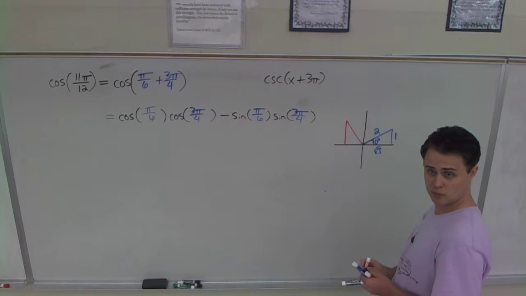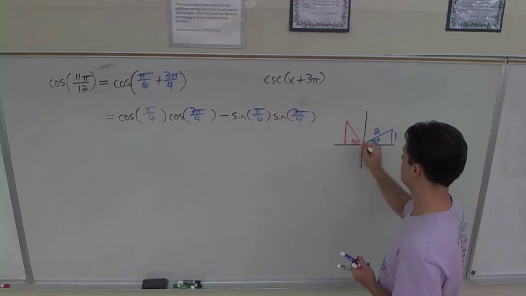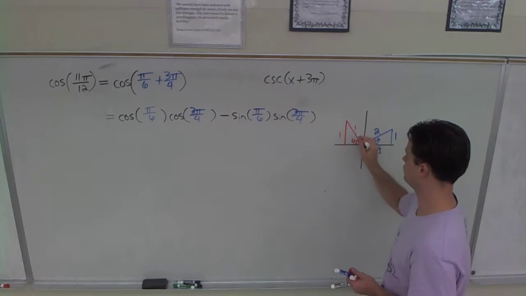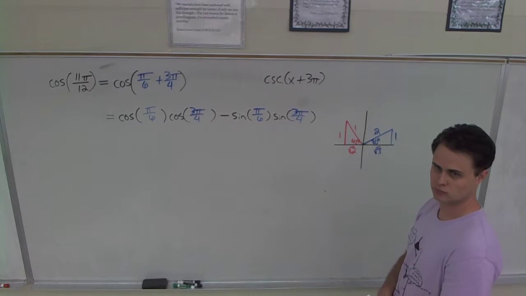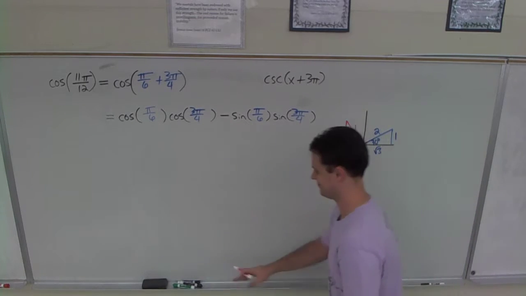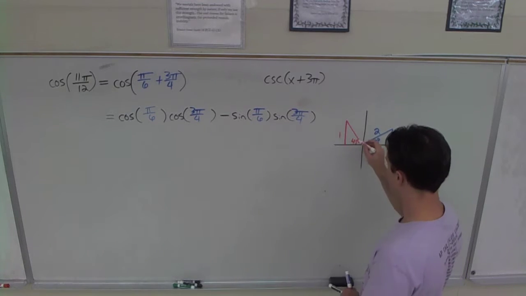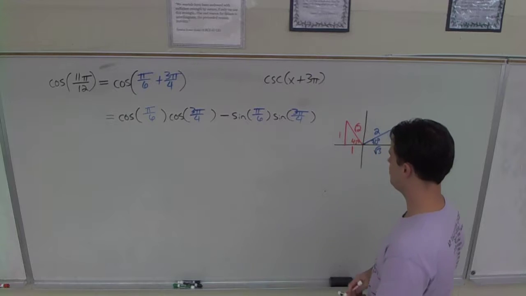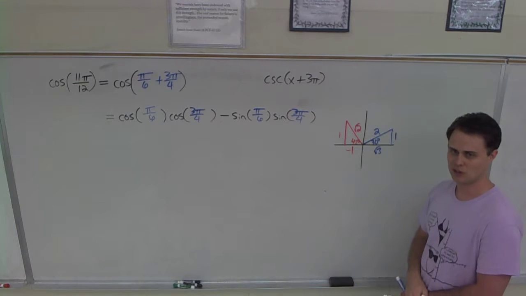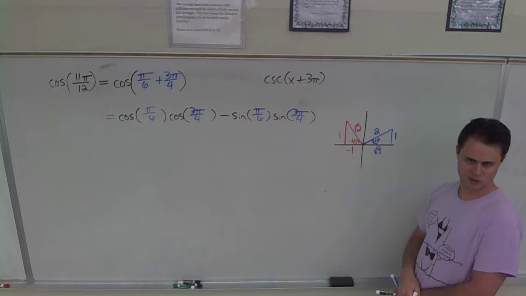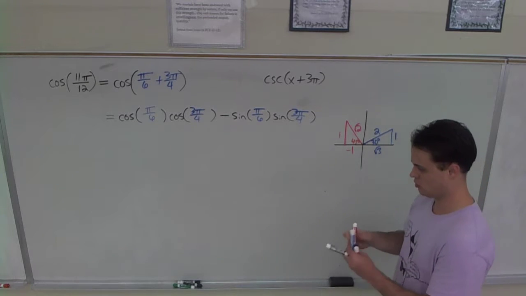How many degrees? 45. The bottom is negative 1. And then you said this is negative. Anything else negative? No. Okay. Good.